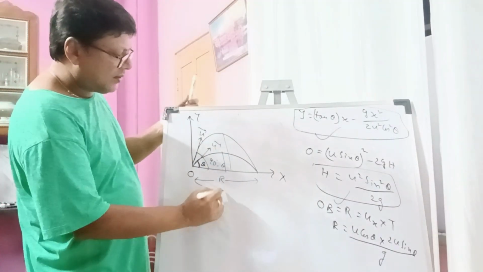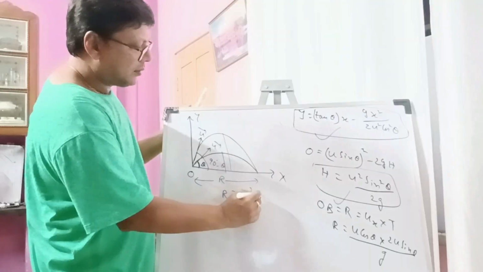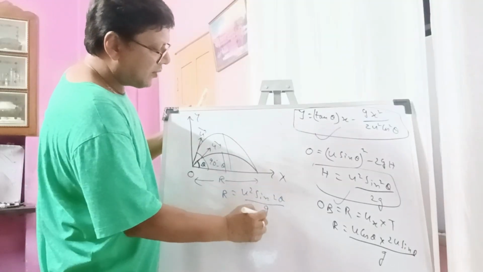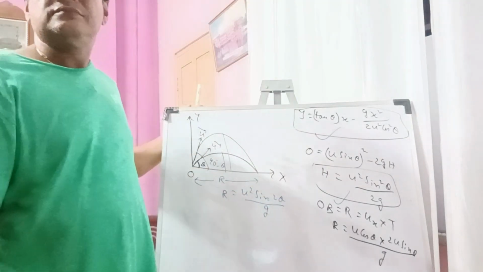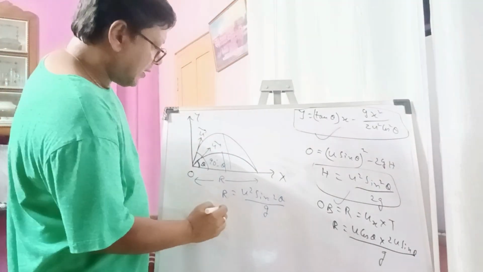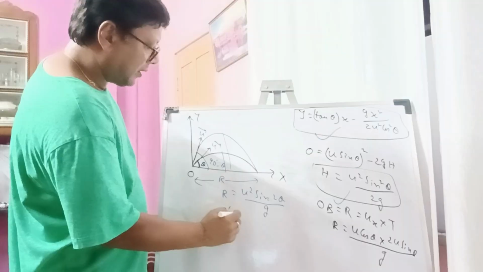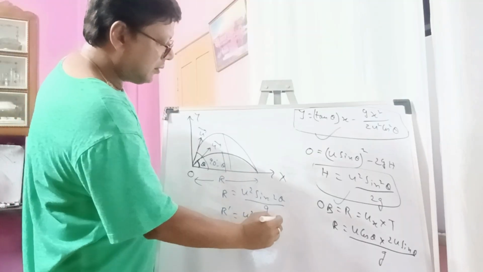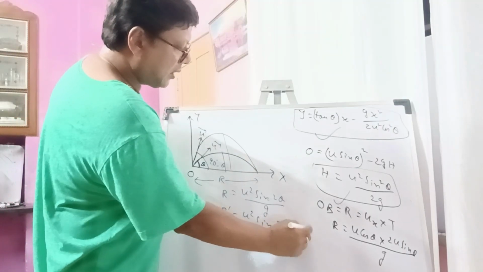Why? What is the formula of range? u square sin 2 theta by g when it is thrown at an angle theta. But when it is thrown at 90 degrees minus theta, suppose R dash is u square sin 2(90 minus theta) by g.